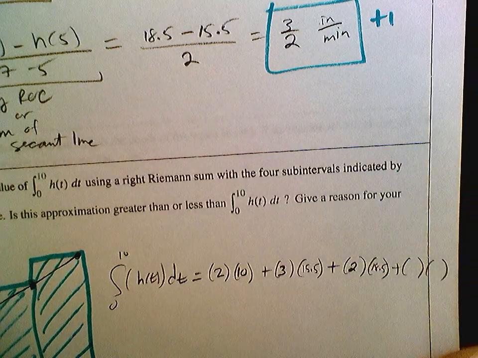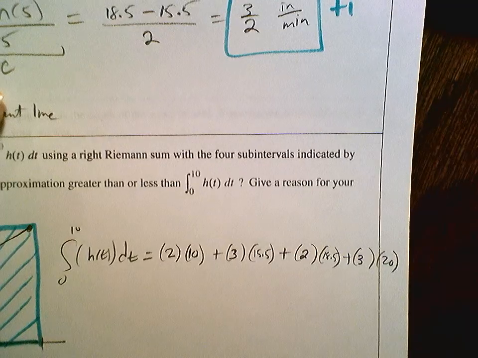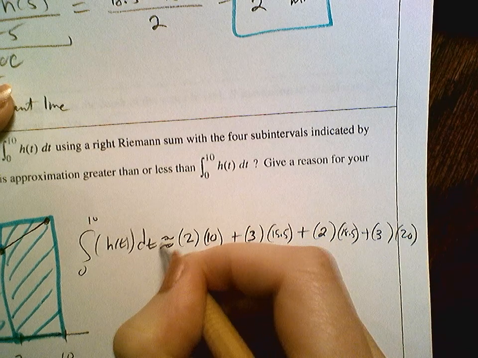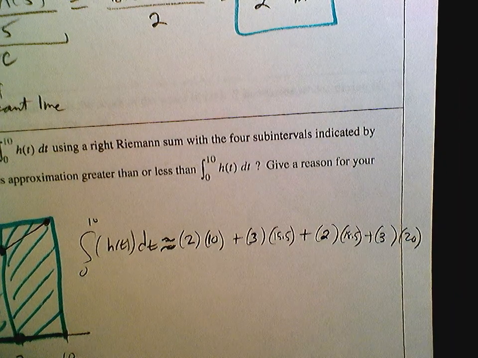And then the base is 3 again, and the height is 20. And then you just plug that all into your calculator. Oh, and I guess I'll do approximation signs, but they actually use equal signs.